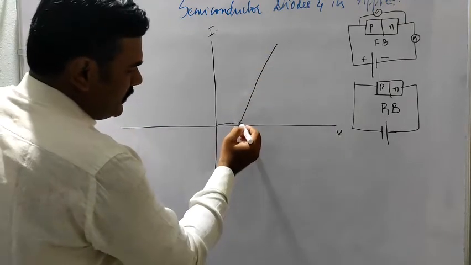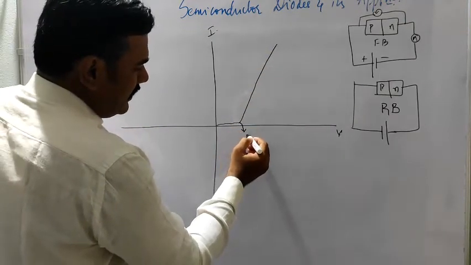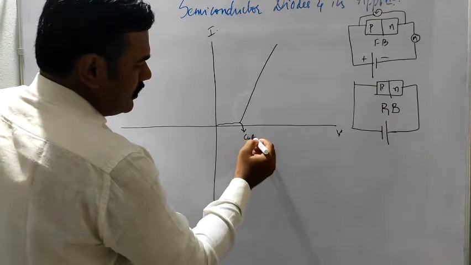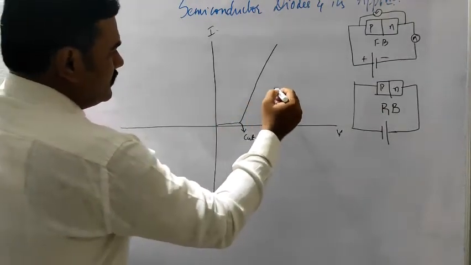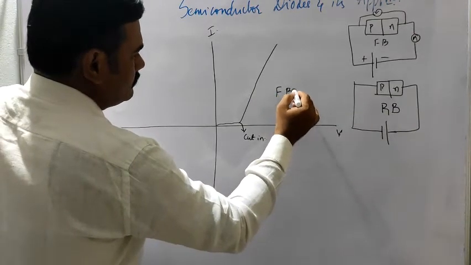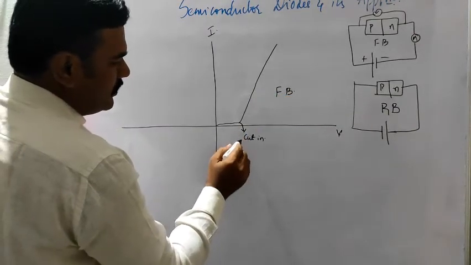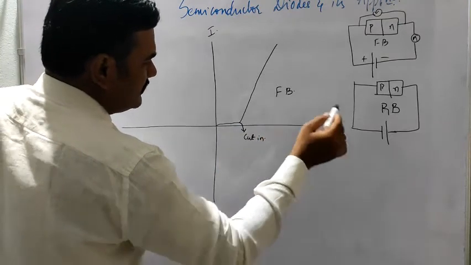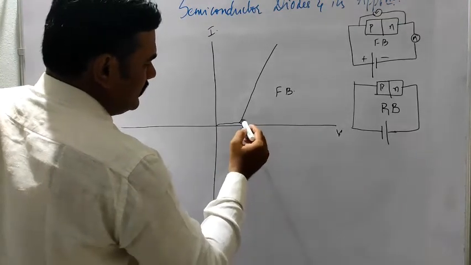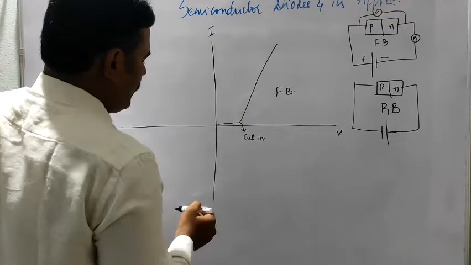This particular point we call cut-in voltage or knee voltage. This is the forward biased condition. After cut-in voltage or knee voltage, as you go on increasing the external supply voltage, the current starts to increase.